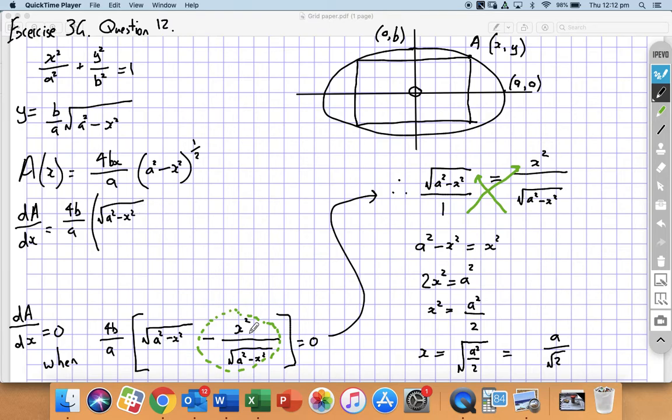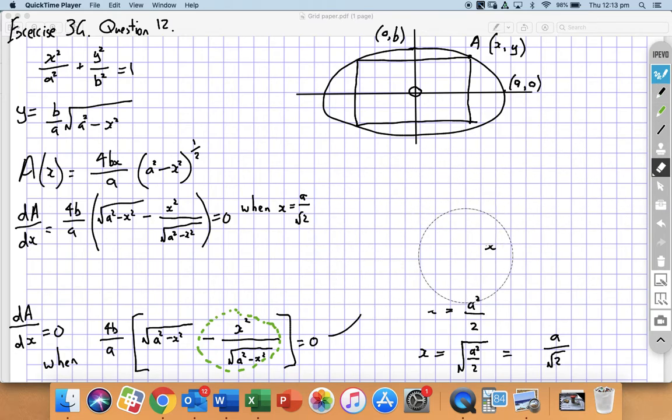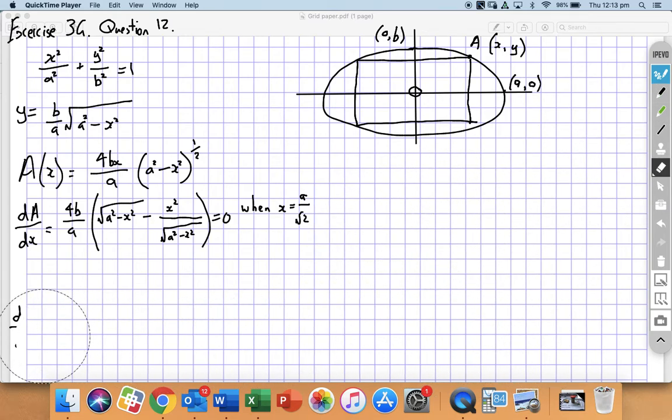I'm basically just copying this out again. Minus an x squared on a square root of a squared minus x squared. It all equaled 0. All right. For or when x equaled a on square root 2. So just making a bit of room so we can go and finish off this question.